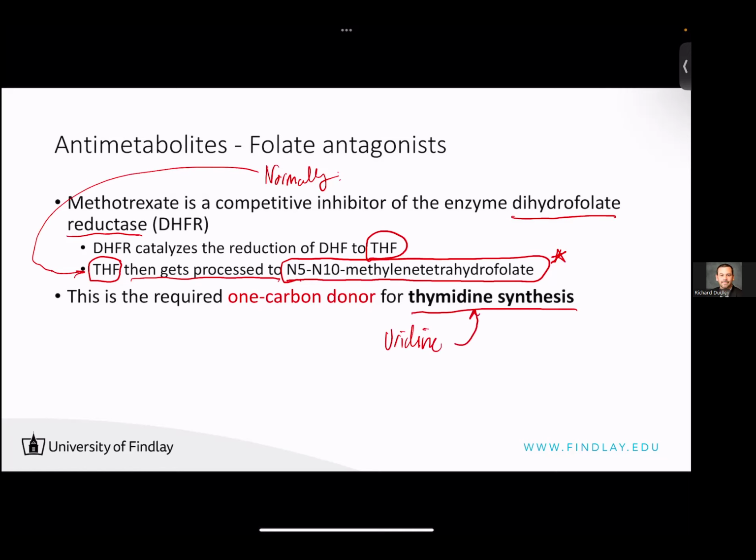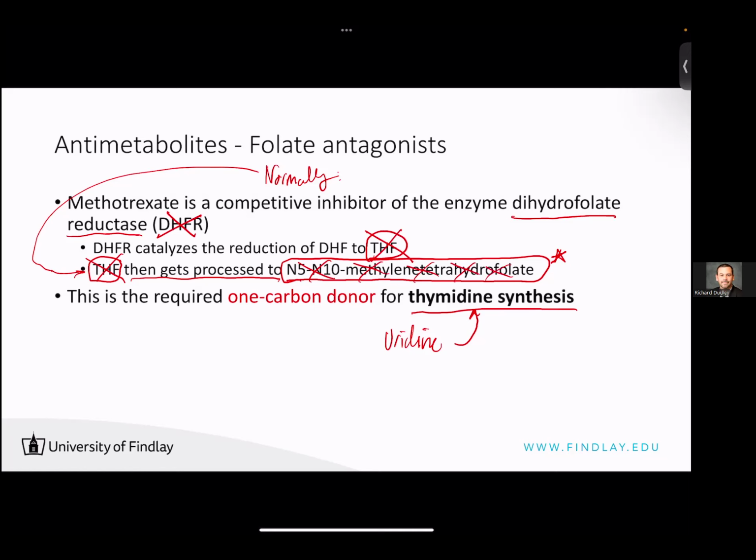And once you get to the N5N10 methylene version, this allows for the conversion of uridine to thymidine. So guys, it's reasonable to think if we shut down dihydrofolate reductase, we can suppress the formation of tetrahydrofolate. If we suppress tetrahydrofolate formation, then we aren't going to make N5N10 methylene tetrahydrofolate.